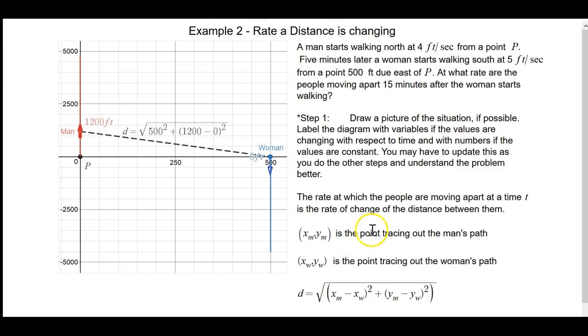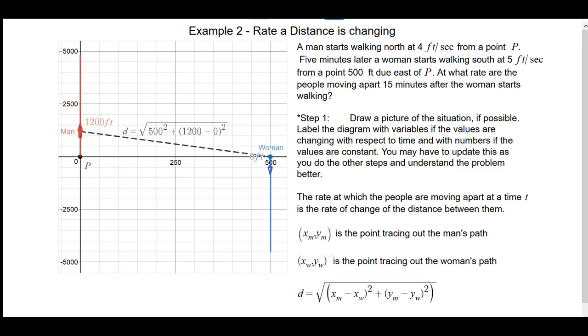If you set this up algebraically initially, you would have a vertical line segment at x equals 500 representing the woman's path, and the point as time goes on on this vertical line is x sub w, y sub w. And then the point tracing the man's path would be x sub m, y sub m.